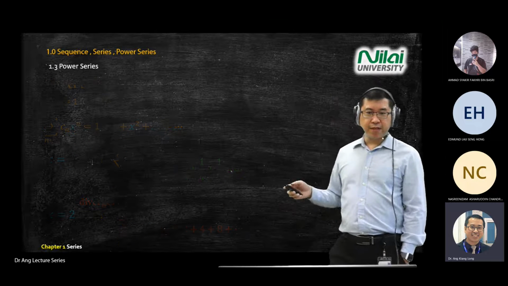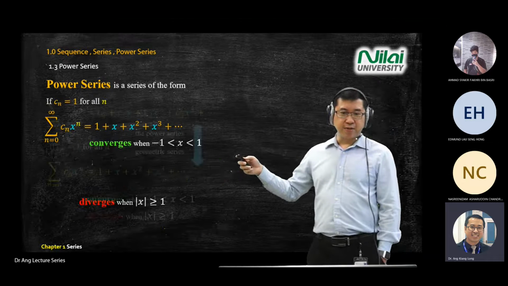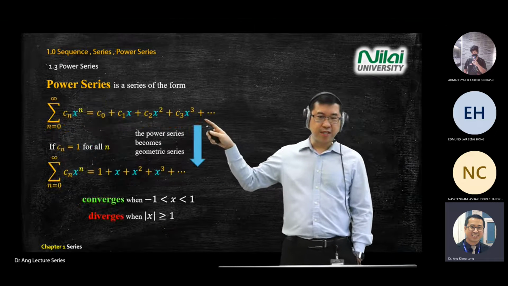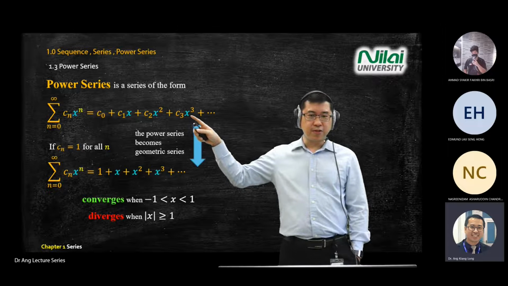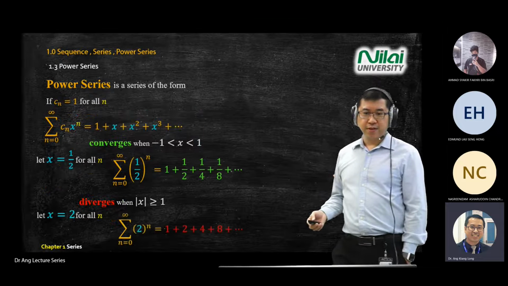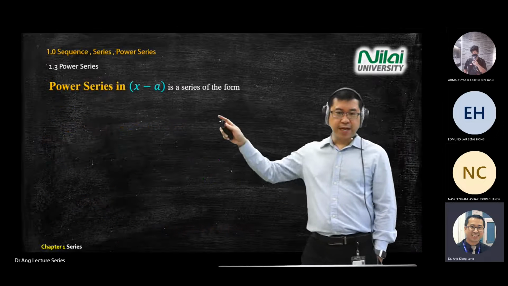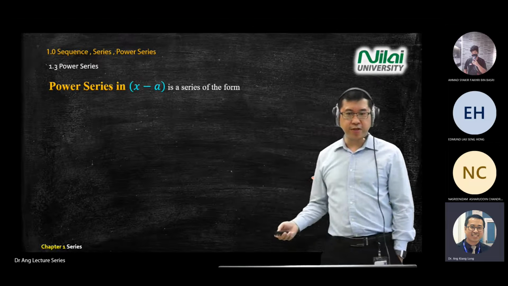Now what happens if we change the x in our general power series a little bit? We replace it with x minus a in the general equation.